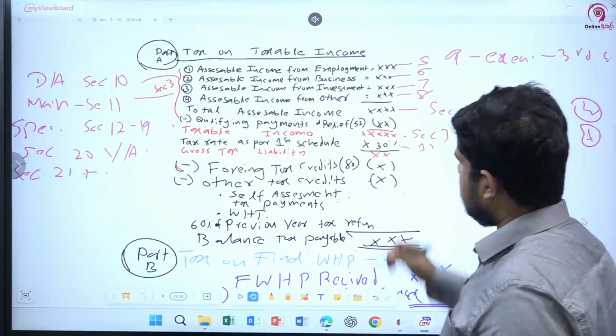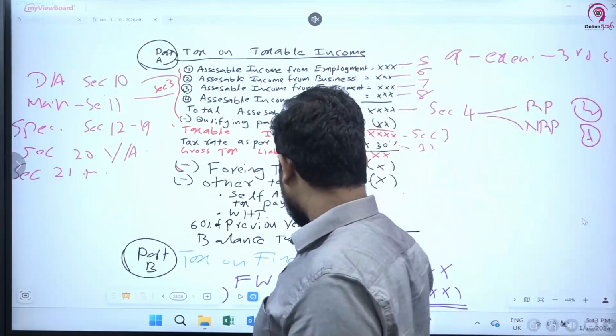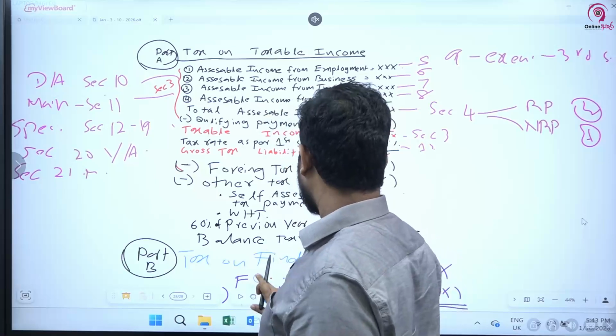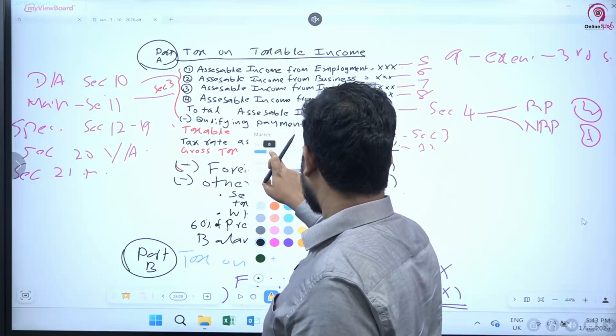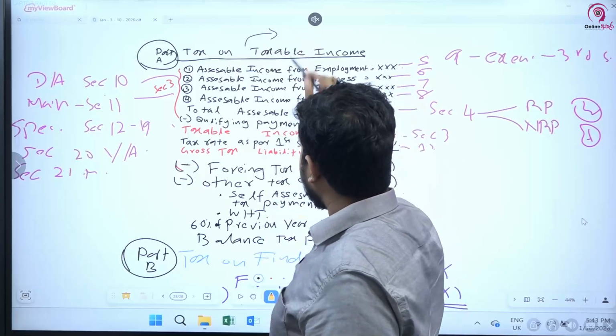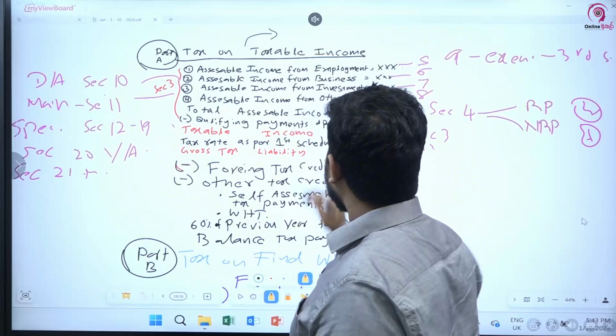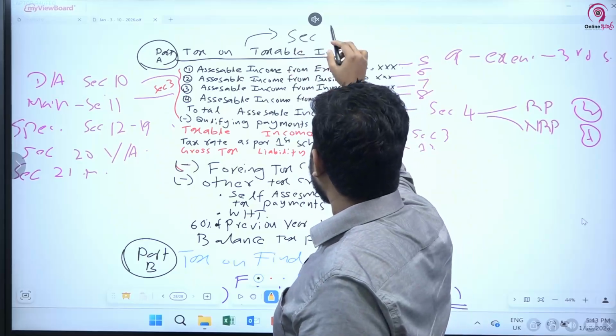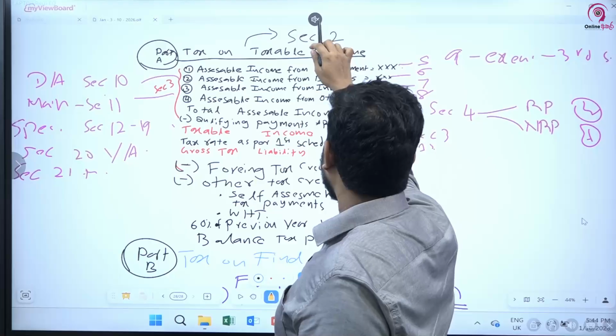A few additions: this tax on taxable income is coming under section 2, right?